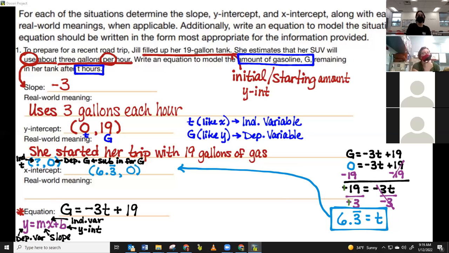All right, now I want to explain the real world meaning for that. So tell me one more time. The 0, is the 0 gas or time? Zero is gas. So this is G, which means that 6.3 is what?